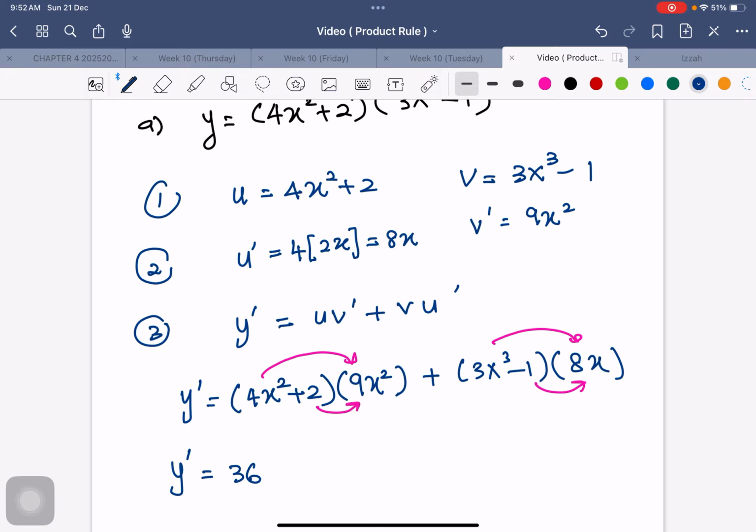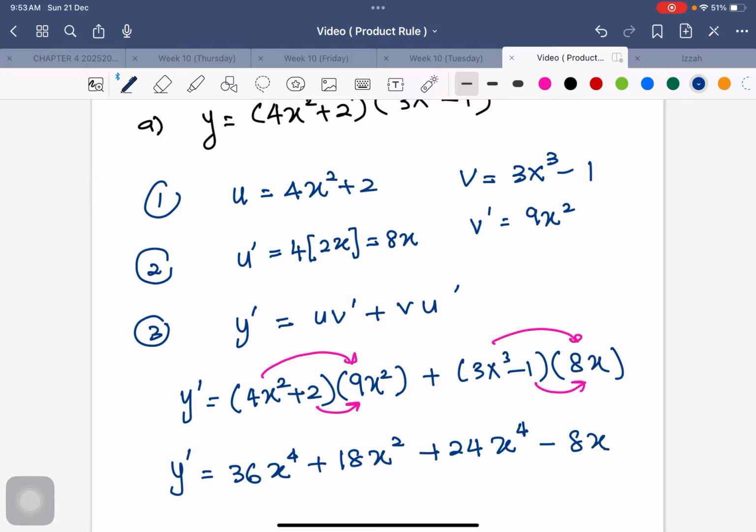Okay, x multiplied by x. So what happened? Power ni kita tambah. Okay, so you akan dapat 36x kuasa 4 tambah 18x kuasa 2 tambah, so 8 kali 3, 24x kuasa 4 tolak 8x.